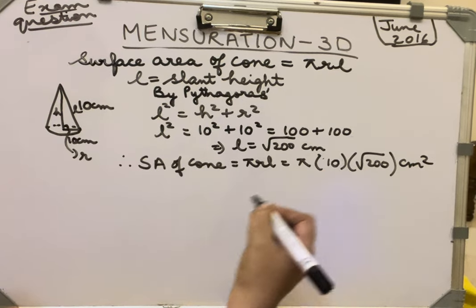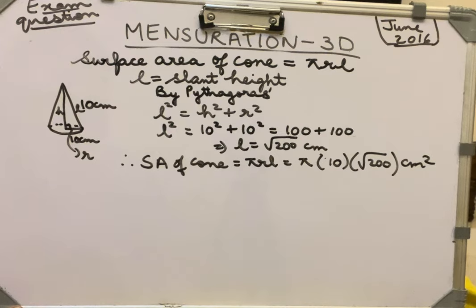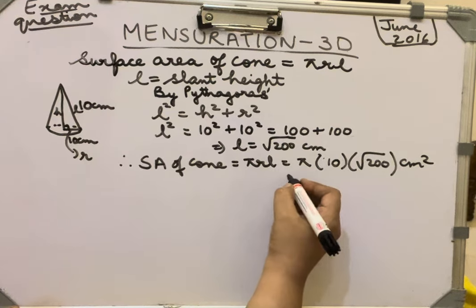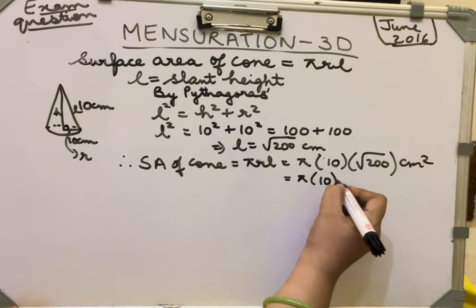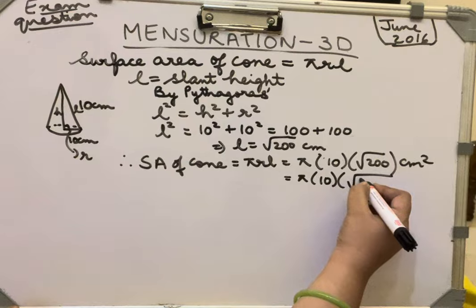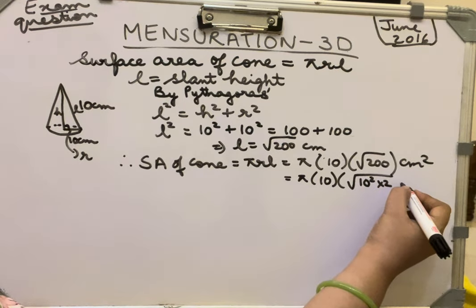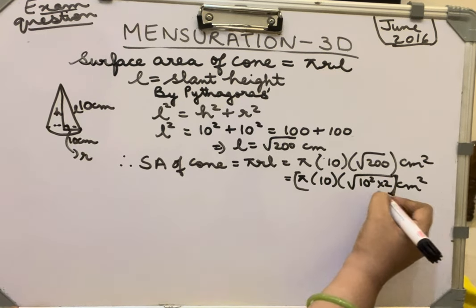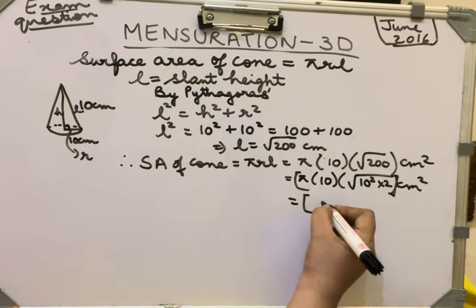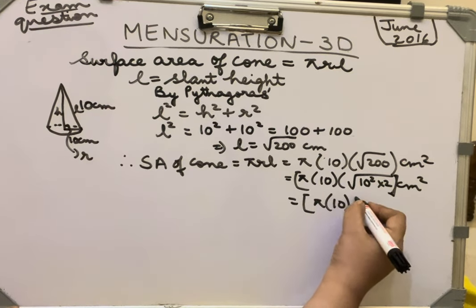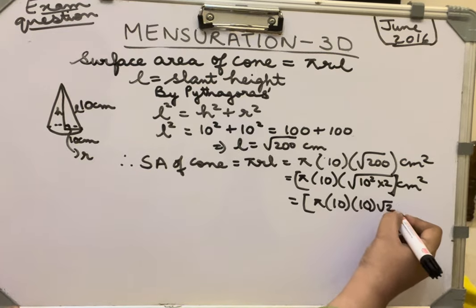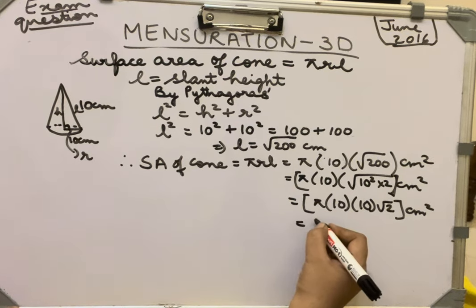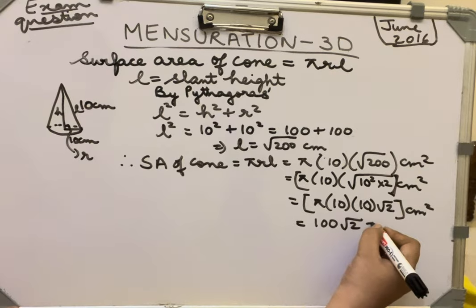Now we know that root 200 is root under 10 square multiplied by 2. So what does this give us? Pi multiplied by 10 multiplied by 10 root 2 cm square, which is 100 root 2 pi cm square.